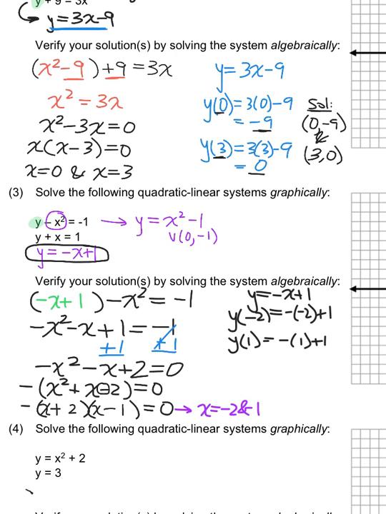So in the first case, I'm going to get 2 plus 1 is 3. And in the second case, -1 plus 1 is 0. So my solutions: -2, 3, and 1, 0. The x with its corresponding value of y.